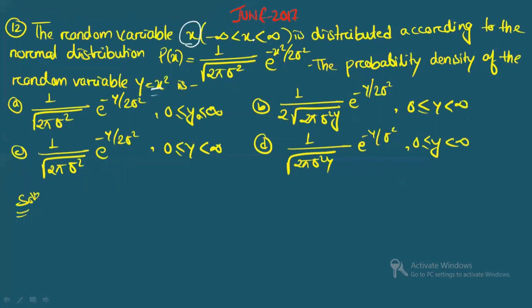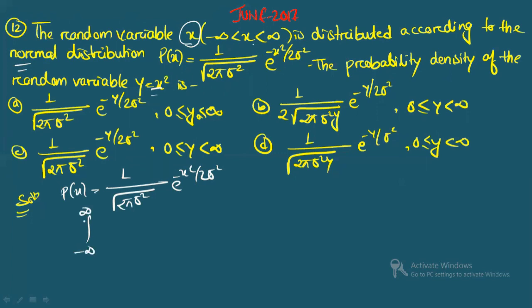So random variable x is given to you, and it is distributed according to the normal distribution. We will have to calculate the probability density, which we can directly calculate.